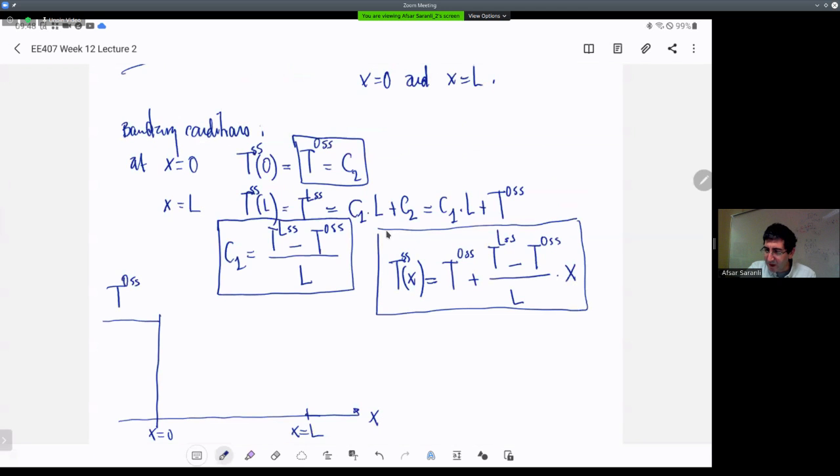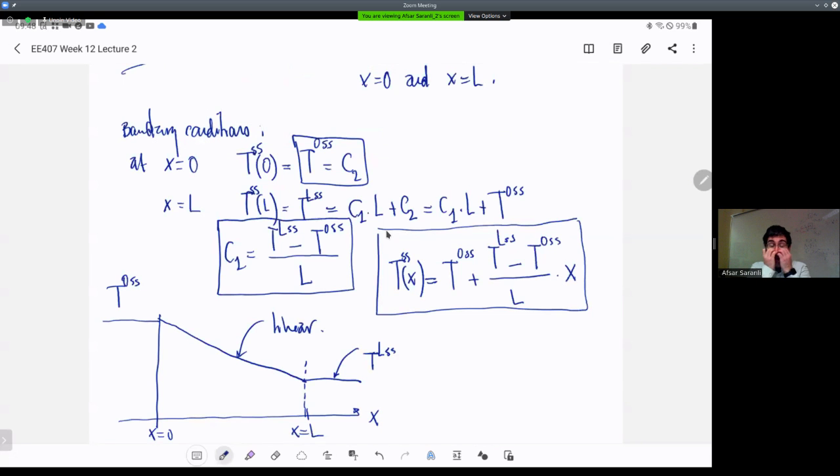And you have another boundary condition over there. Let's say this is 0. Okay, that will not necessarily be 0, so let's put something non-zero. This is TLSS, another constant. So in between these two, you will have a linear relationship.